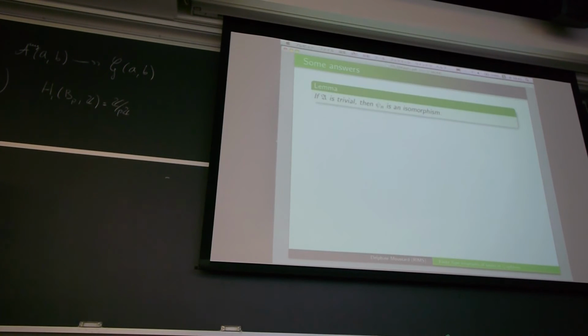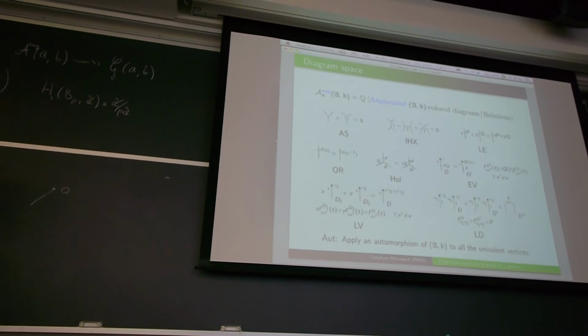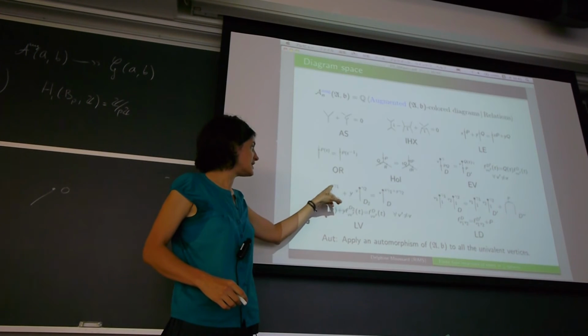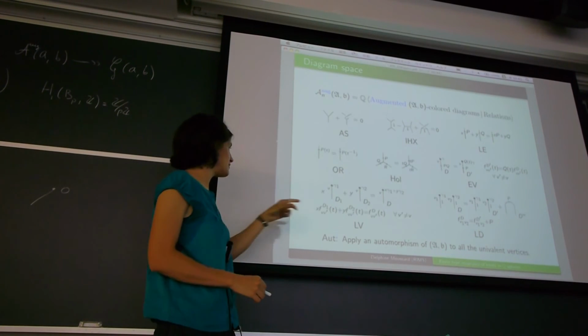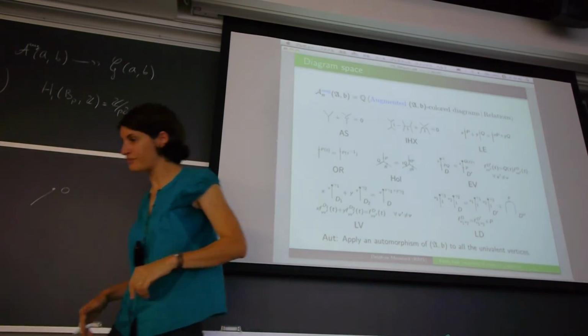In some cases, we have an answer. If the Alexander module is trivial, it's very easy to study, because all univalent vertices are labeled by 0. We have a relation of linearity on vertices, which says that indeed such a diagram will be trivial, because we can put out the 0.